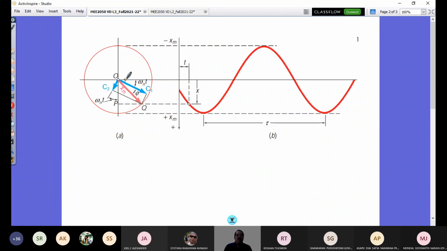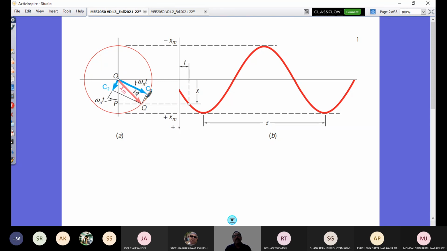And you see here now OQ is my vector of consideration, and it can be represented as the resultant of these two vectors, C1 and C2. Here the C1 vector magnitude and C2 vector magnitude are those two arbitrary constants C1 and C2 that we were talking about. The C1 vector is at an angle omega nt, and then from the C1 vector you have this OQ vector at an angular position phi.